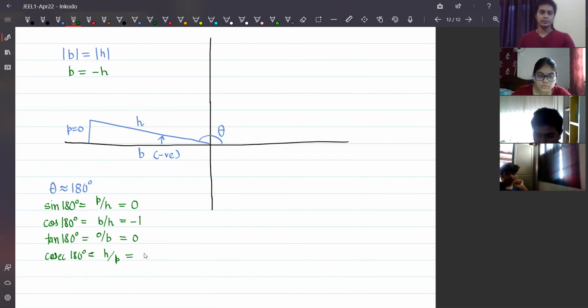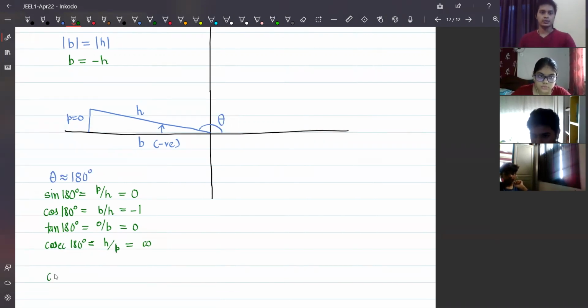So this should be infinity. Then after cosec comes sec 180 degrees. What is sec 180 degrees? -1. That is hypotenuse by base, that will be -1. Then cot 180.